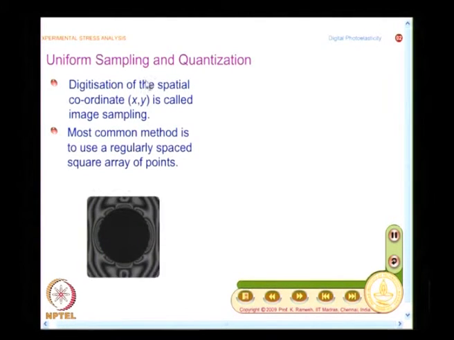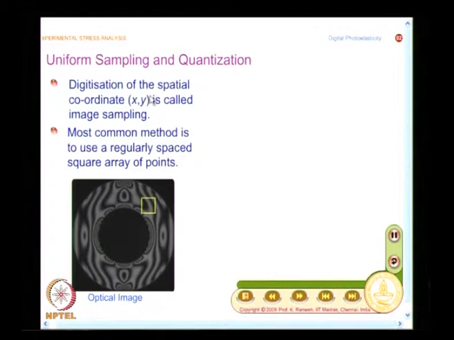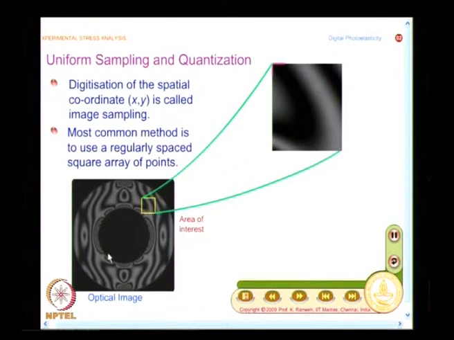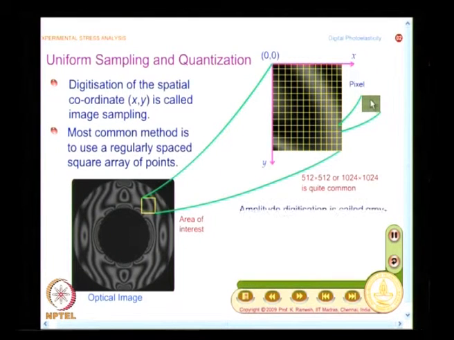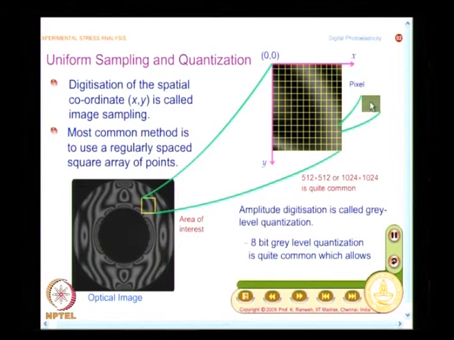First you do a spatial discretization, which you call sampling. You have an optical image, and for illustration a small zone is taken which is looked at as an assembly of very fine small elements known as picture elements, abbreviated as pixels.